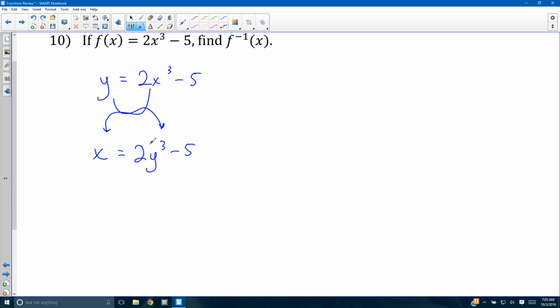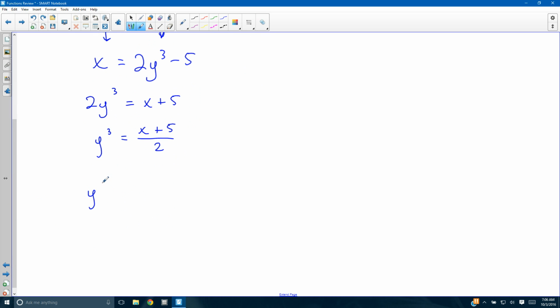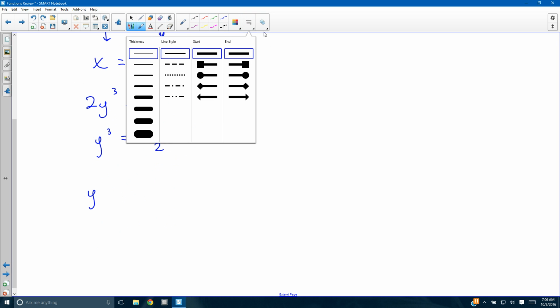Solve for y. I'm going to move this 2y cubed over to this side, and move the x over to that side. Add 5 to both sides. Divide both sides by 2. Y cubed equals x plus 5 all over 2. And finally take the cube root of both sides.